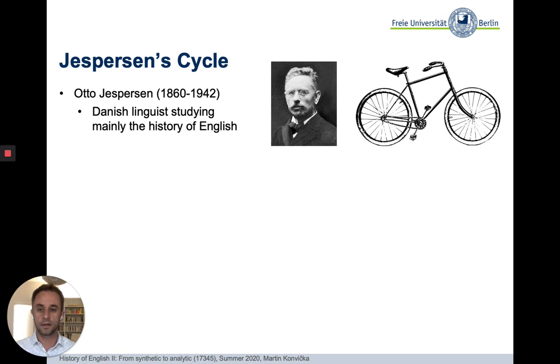And if we study the development of negation not only in Old English, but also in Middle English and early modern English, and if we compare that to how negation is done in English today, we might notice something that the Danish linguist Otto Jespersen noticed at the beginning of the 20th century.